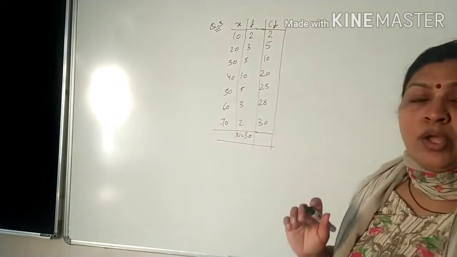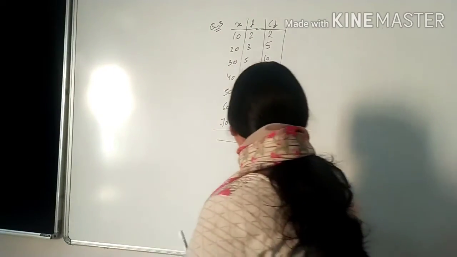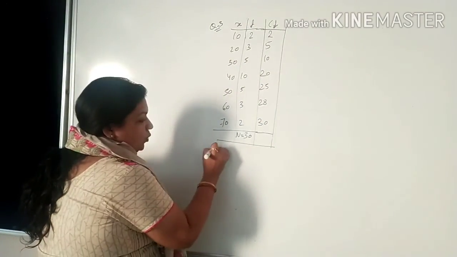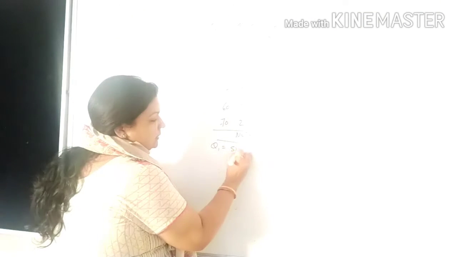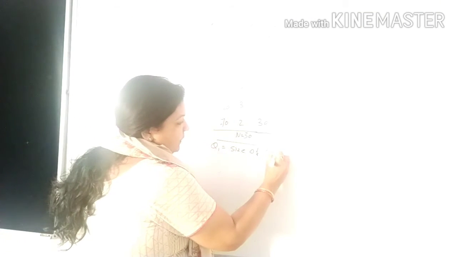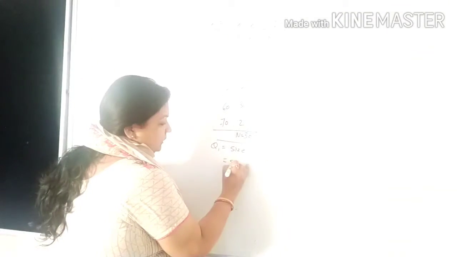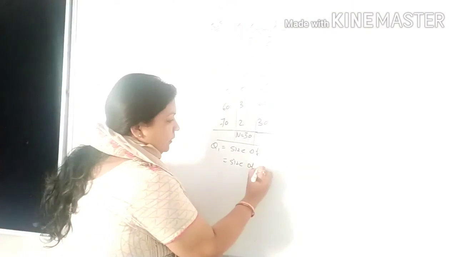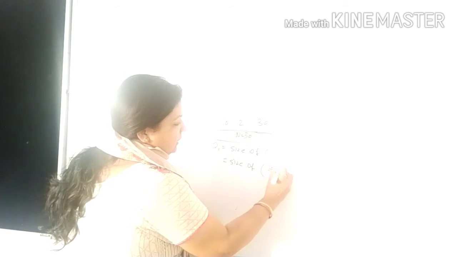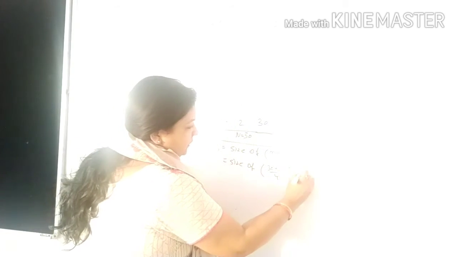Now calculate the Q1. So what is the formula? हम लोग नीचे कर लेते हैं. Q1 equals size of (n plus 1) by 4th observation. So n is 30. 30 plus 1 by 4th observation.